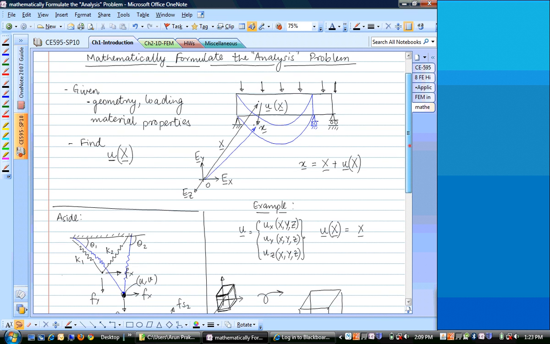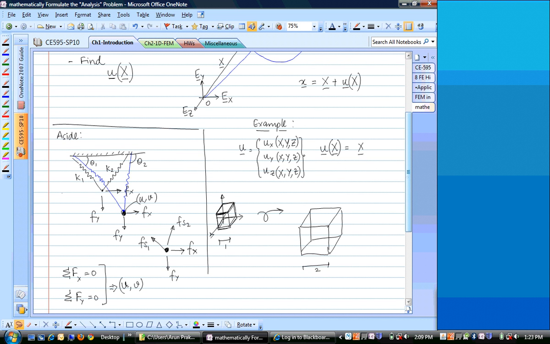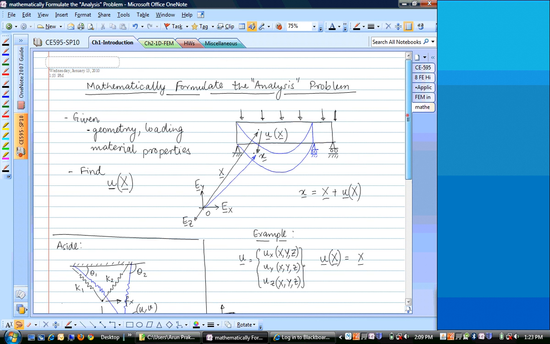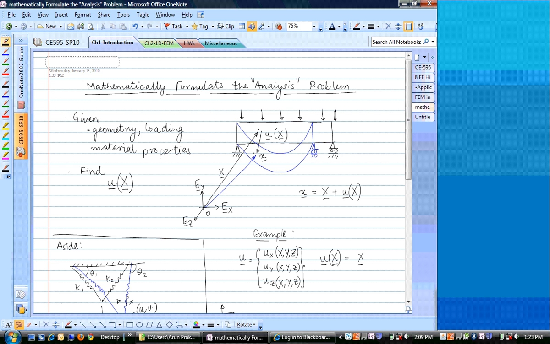And I'm not going to assume. Let's try to see how we can come up with that equation. So try to imagine a small block, a small cube here at the new location.